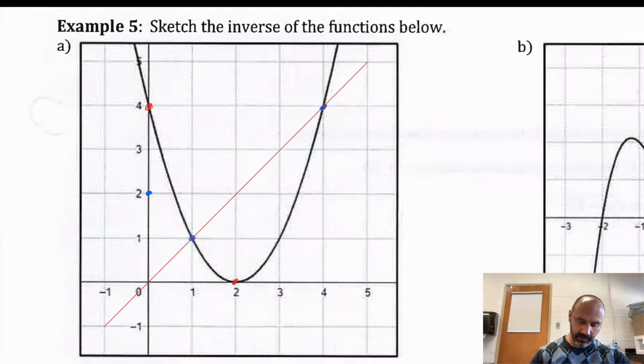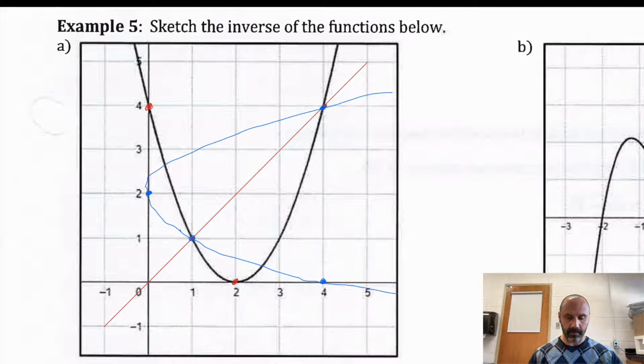And then I also have 0, 4, so I'm going to go to 4, 0. Okay, so what this is going to look like now is like this. So the original is a parabola, and what I've done now is I've created a sideways parabola.